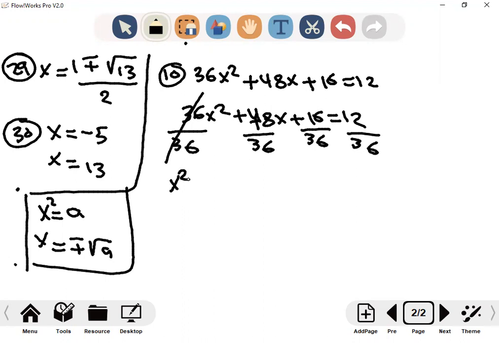This will be x power 2 plus 48 over 36, which is 4 over 3, x plus... Divide by 4 both sides. It will be 4 over 9 equal 1 over 3, right?